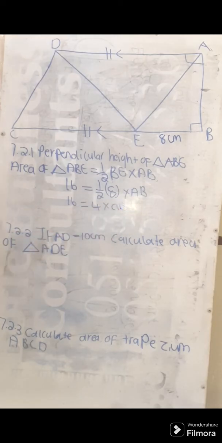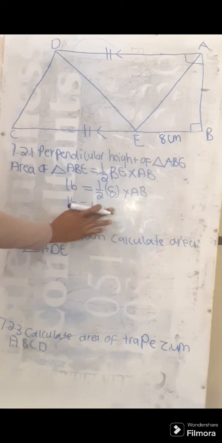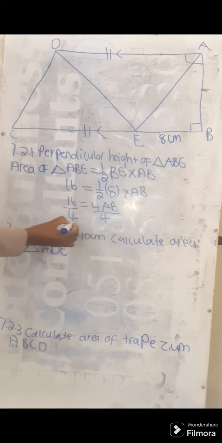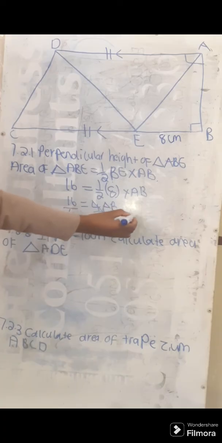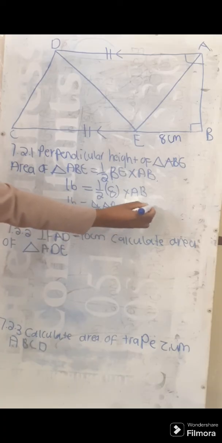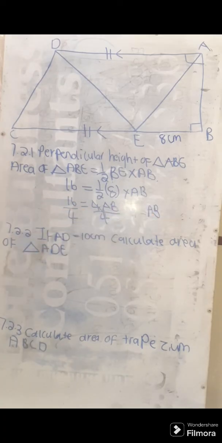So we'll divide by 4 on both sides to get AB by itself, and then 4 equals AB. So the height there is 4 centimeters.